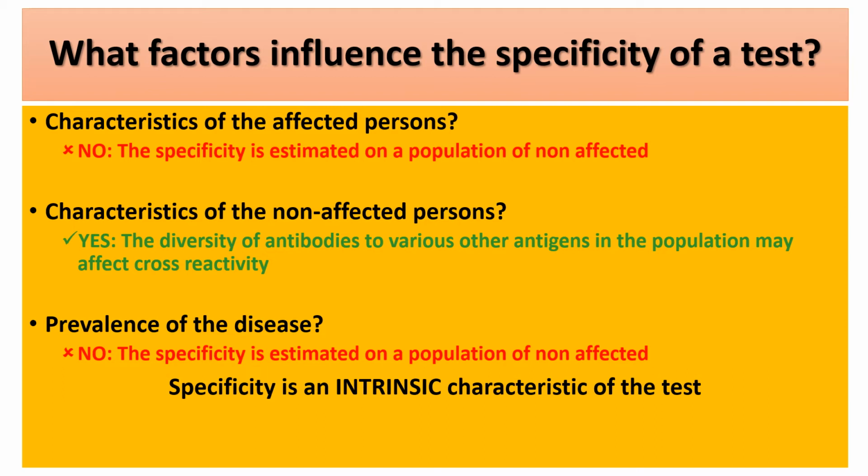But as opposed to sensitivity, characteristics of the non-affected persons can influence the specificity of a test, because the diversity of, for example, antibodies to various other antigens in the population may affect cross-reactivity.